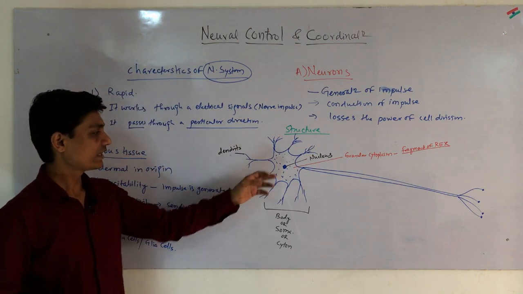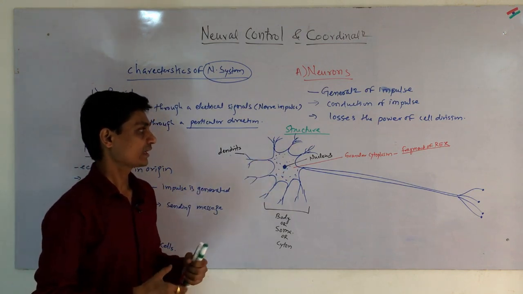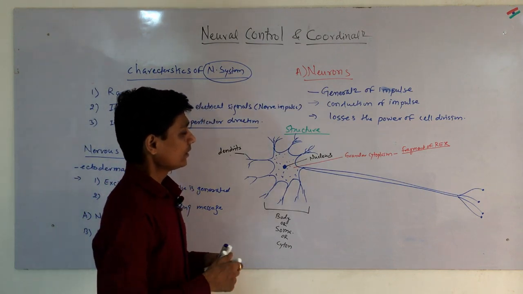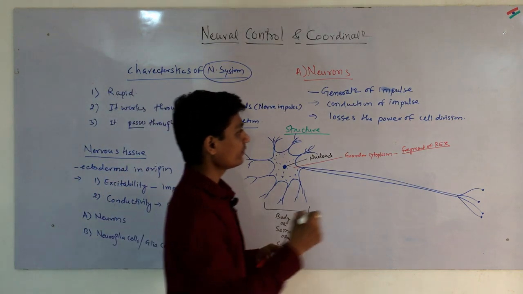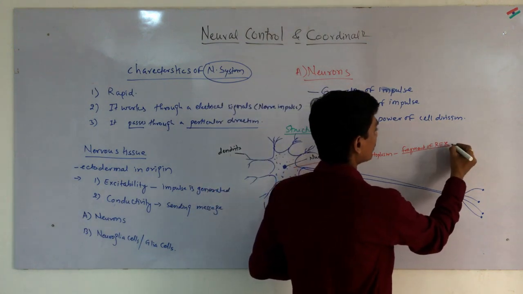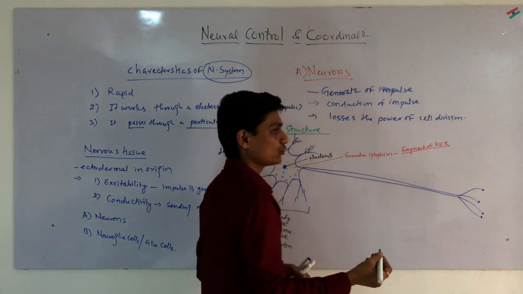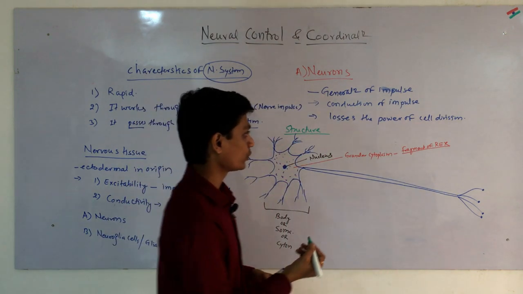That's why the cytoplasm is somewhat granular, and as they contain rough endoplasmic reticulum, ribosomes are there, and as we know, ribosomes are a precursor for protein synthesis.